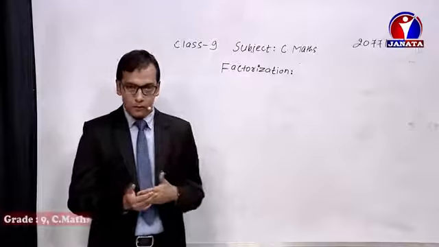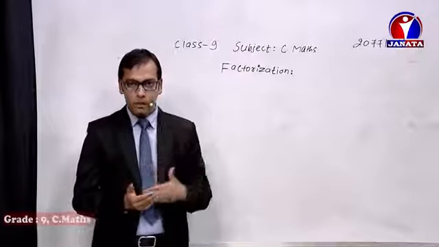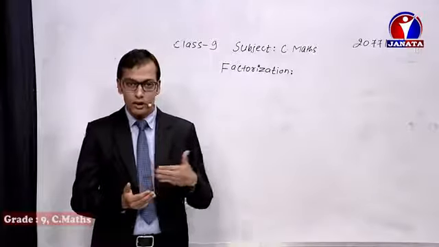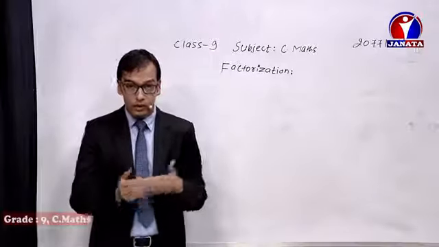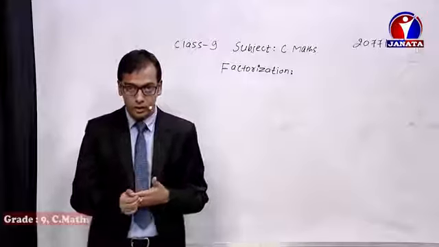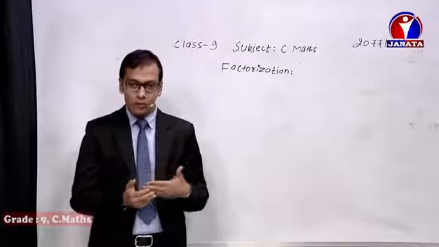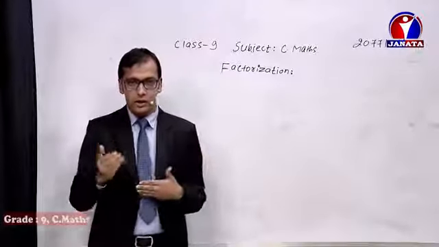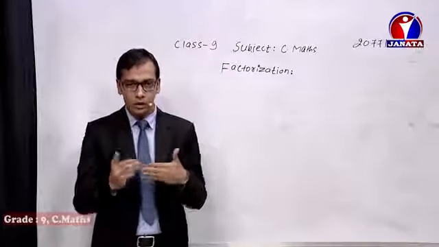In factorization, we have learned about basic factorizations containing 4 terms, in some questions 5 terms, which are based on the a square minus b square form or some other types.